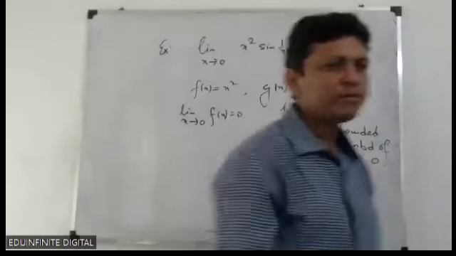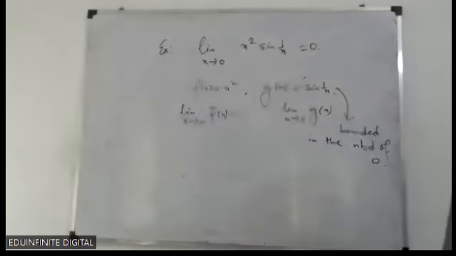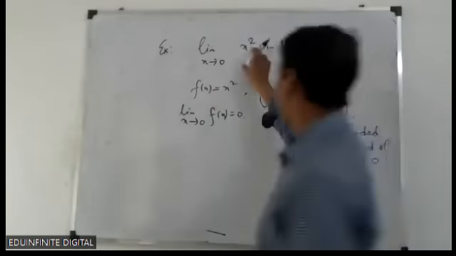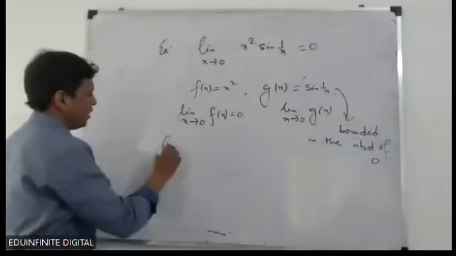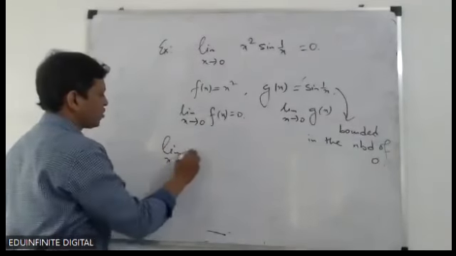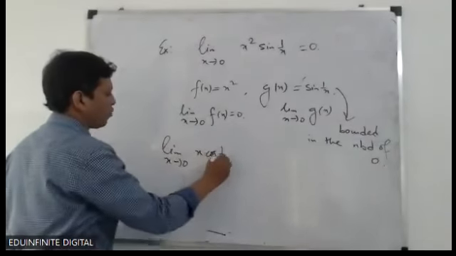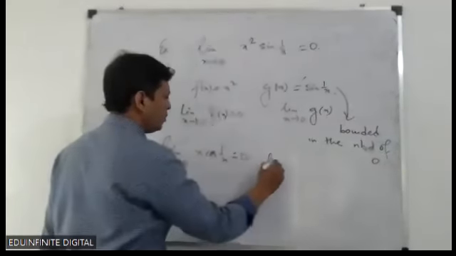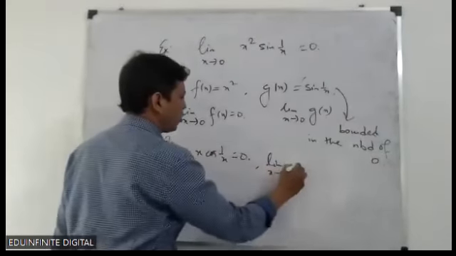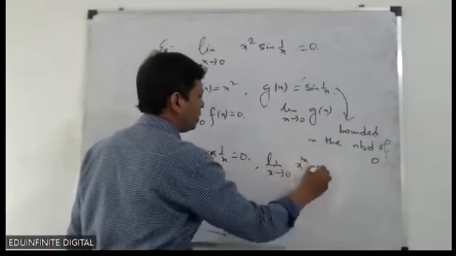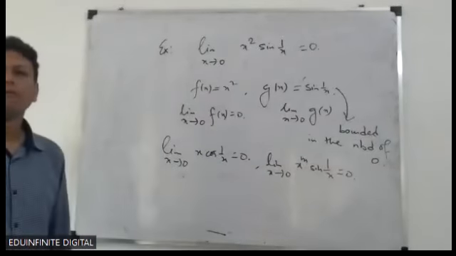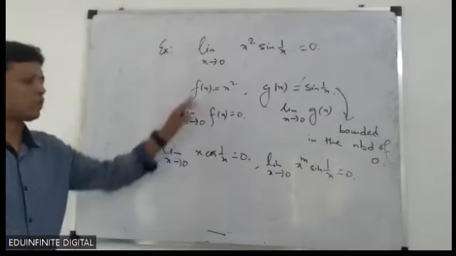The limit of the product will be 0. You can frame many types of functions like limit x tends to 0 of x sine 1 by x equals 0. Same. Limit x tends to 0 of x to the power n sine 1 by x equals 0. So these are all 0.